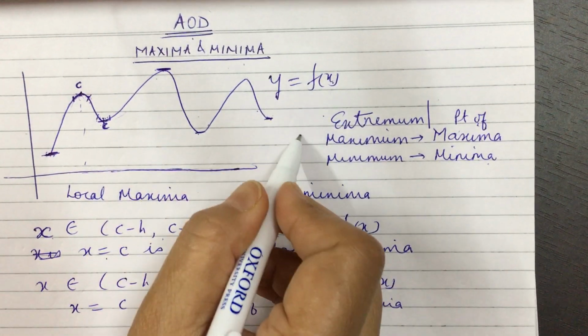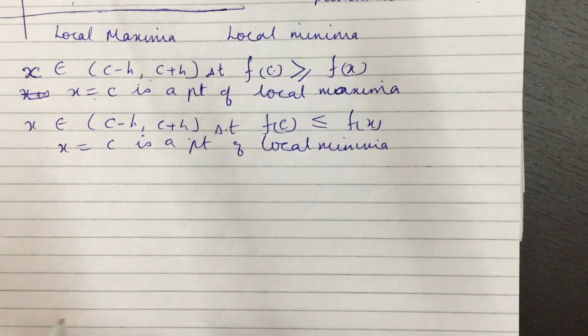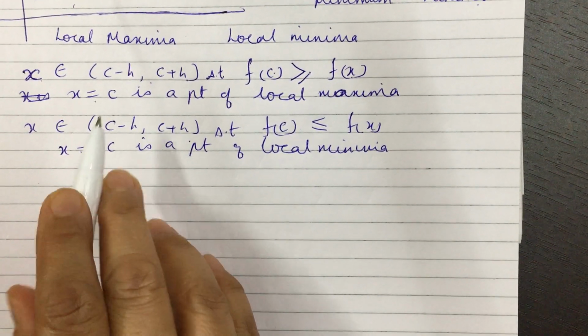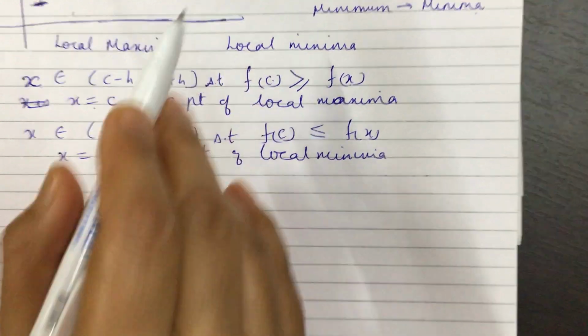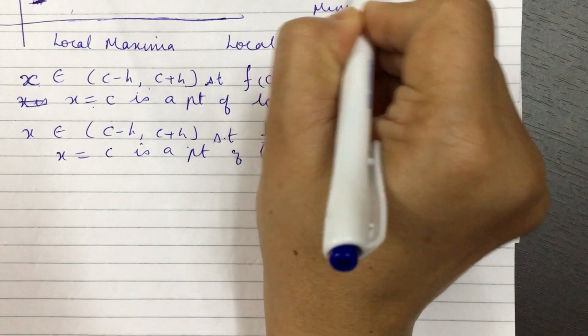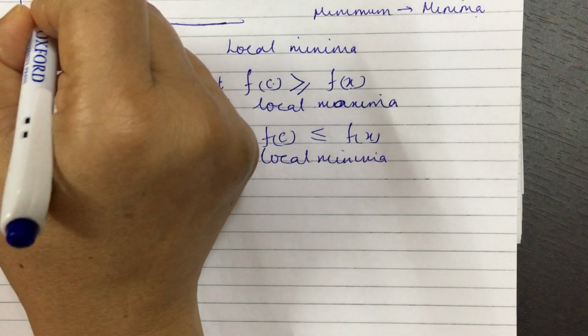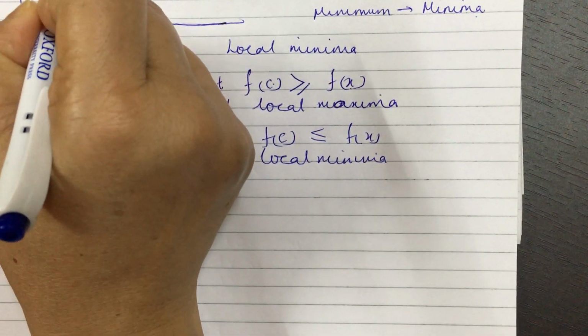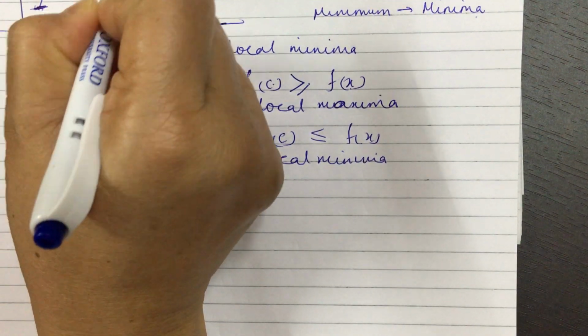Now, how do we test and find the points of local maximum or minimum? These are also called extremum or extrema, points of extrema, at which, obviously, when there is a maxima or a minima, the function changes its direction.